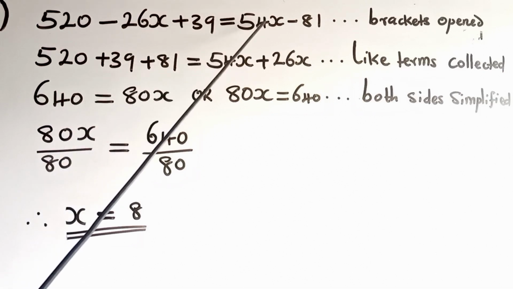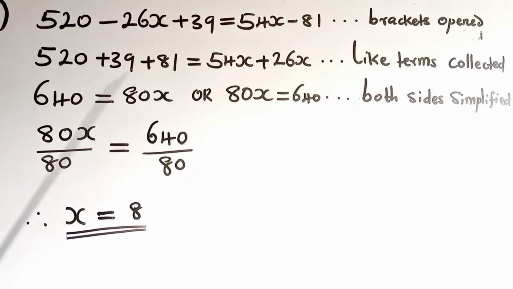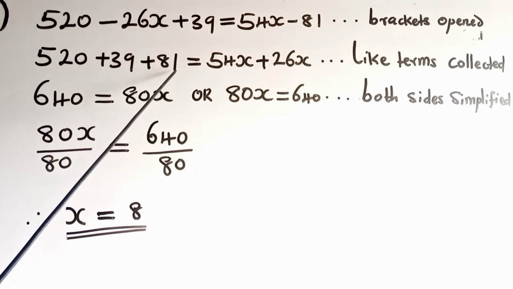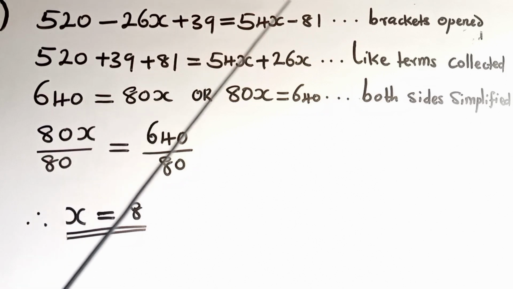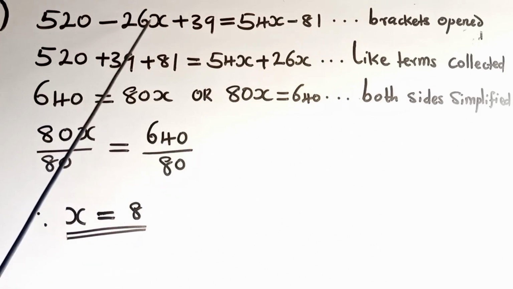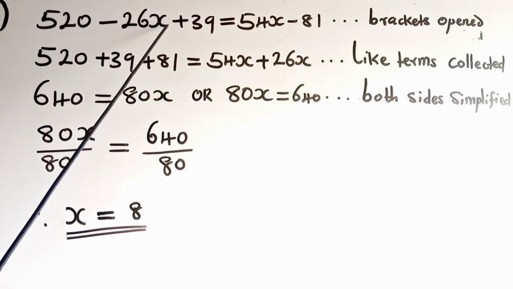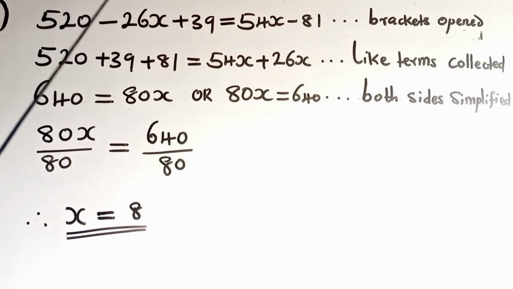Now, what about 54x, please? It is a like term to minus 26x. Because all the constants have taken the left-hand side region, it is this minus 26x that will transfer to the right-hand side to join 54x. If we get the additive inverse of this minus 26x, it is going to become plus 26x.